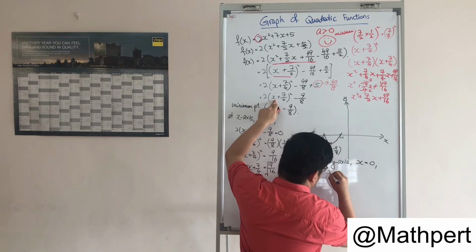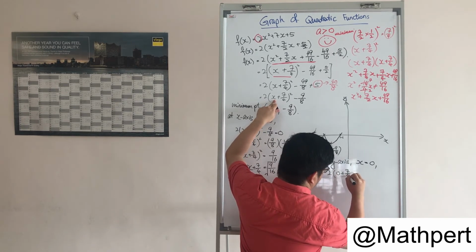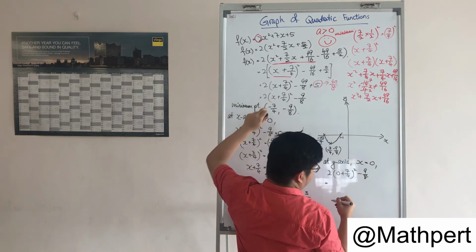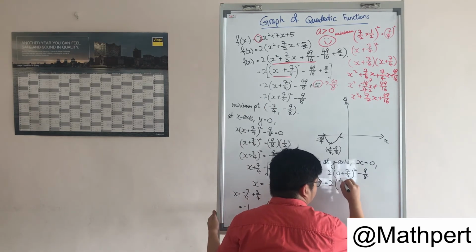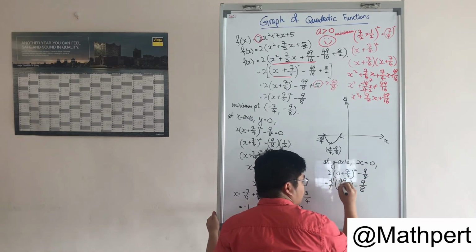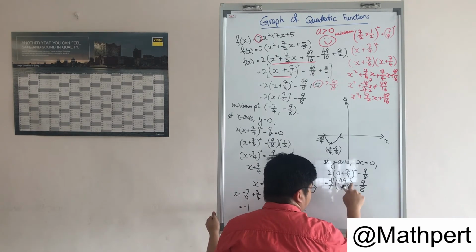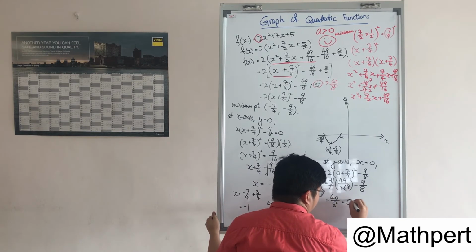We get 2 multiply by 0 plus 7 over 4, squared, minus 9 over 8. How much do you get? 2 multiply 49 over 16 minus 9 over 8. So 2 and 8 simplify, 49 over 8 minus 9 over 8, we get 40 over 8, which is 5.